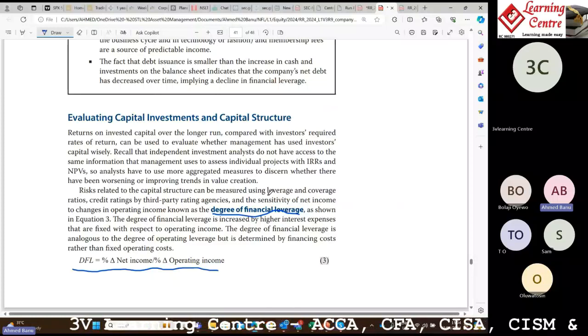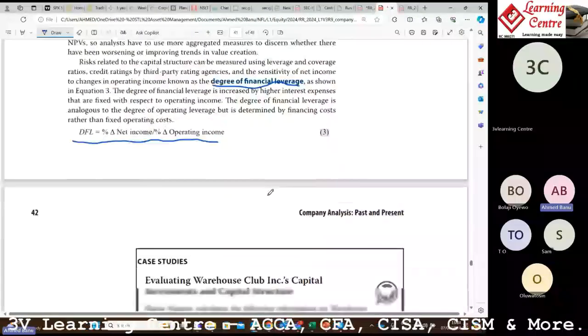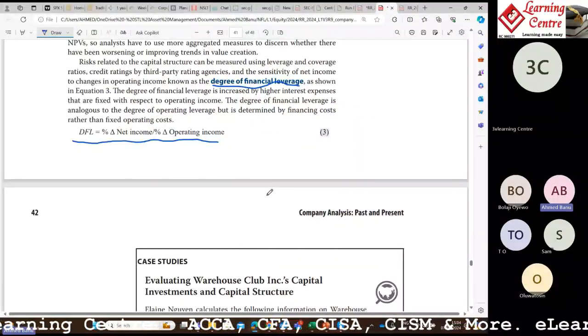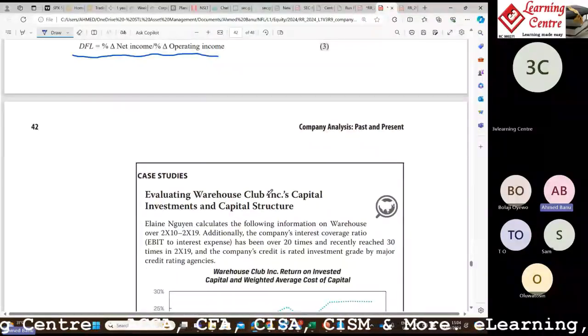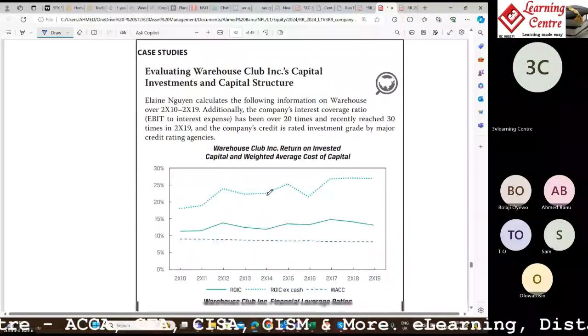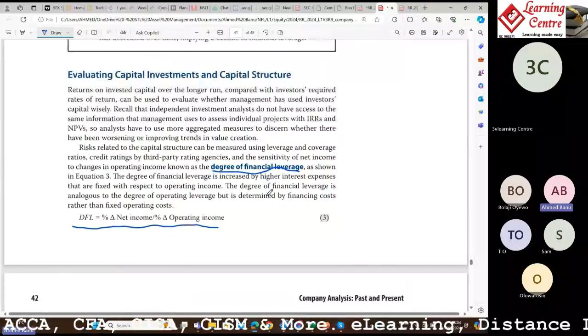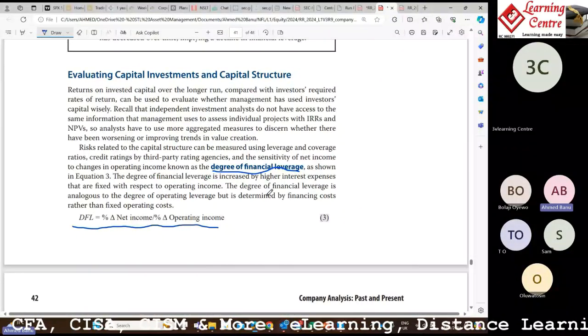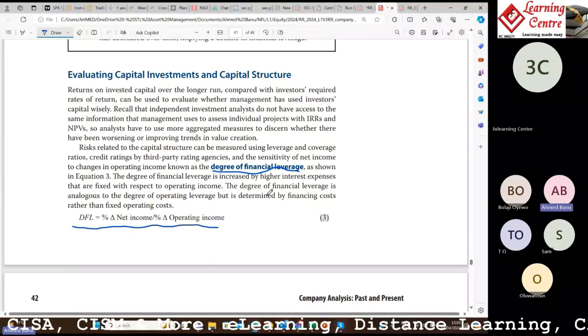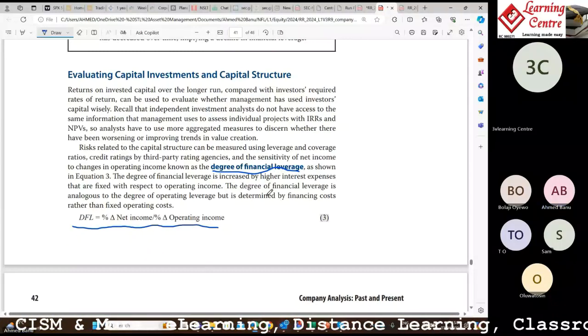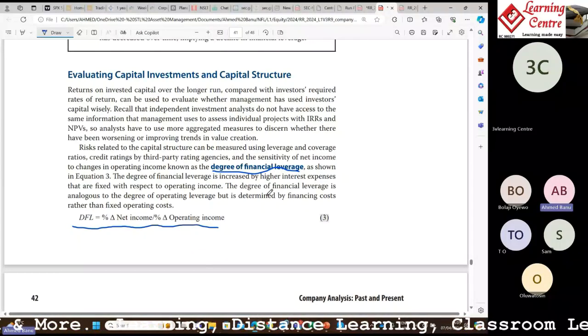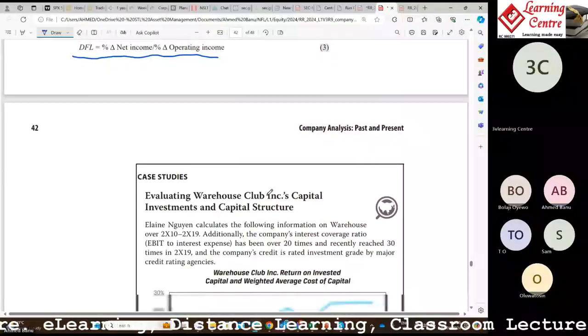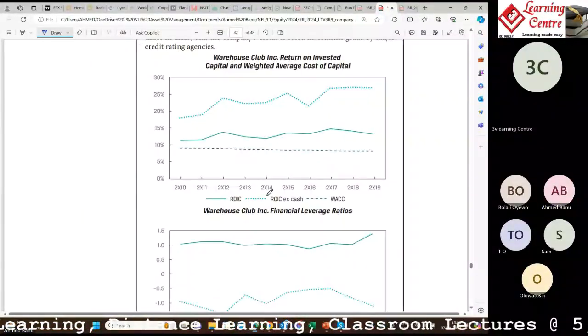So your degree of financial leverage equals the percentage change in net income divided by the percentage change in operating income. The higher the degree of financial leverage, the more operating income tends to flow to net income.